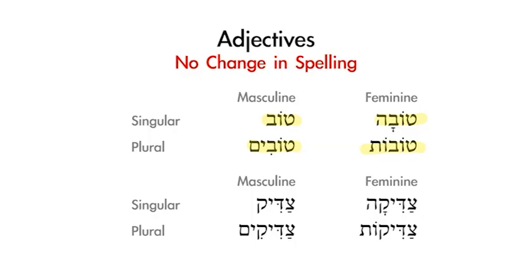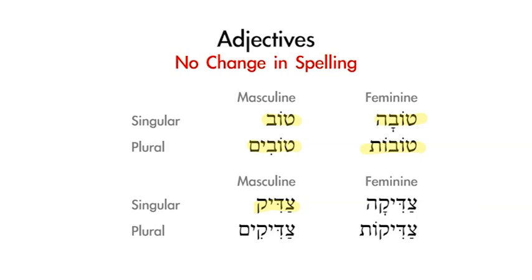Our second example here is tzaddik. Notice that this is a two-syllable word, but the second root letter has a dagesh forte in it. So you have two closed syllables. The first syllable, tzad, is closed and unaccented, so it has a short vowel. The second syllable, dik, is closed and accented, so it has the long vowel, in this case, the unchangeable long vowel.